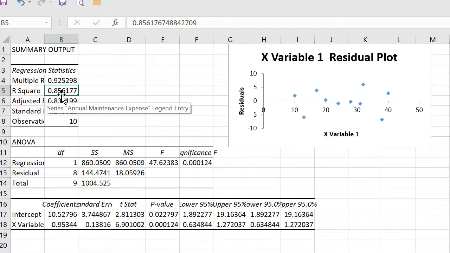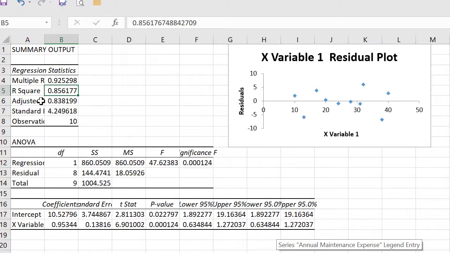That explains 86% of the variation of the values of your annual maintenance expense. Part E says, if the maintenance contract costs $3,000 per year, would you recommend purchasing it? Why or why not?